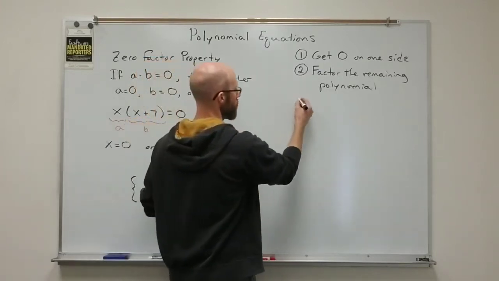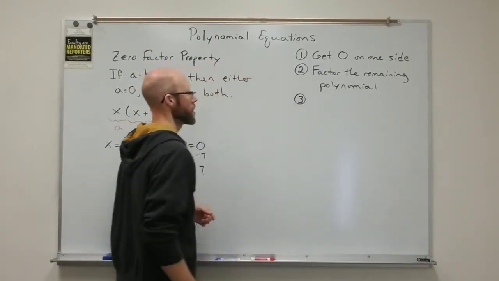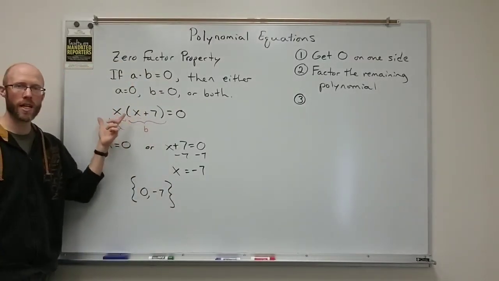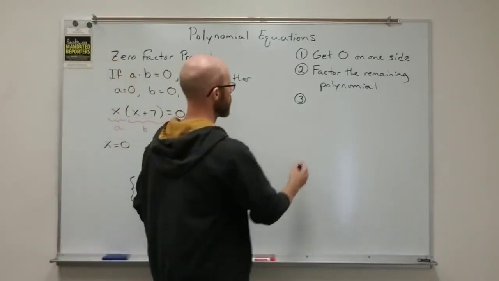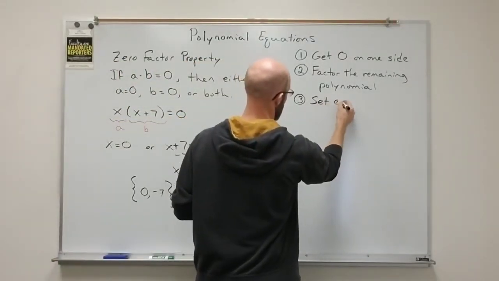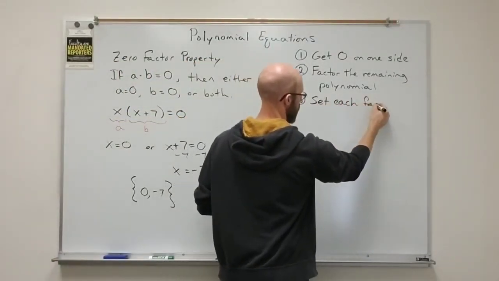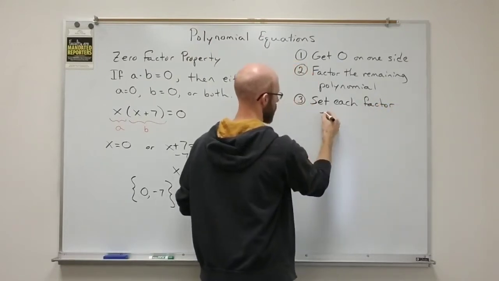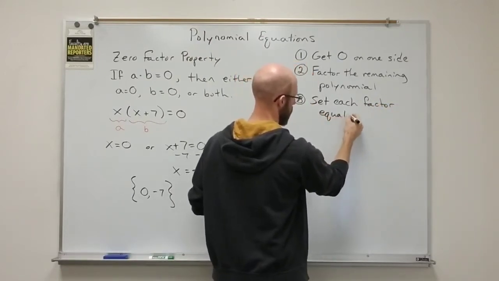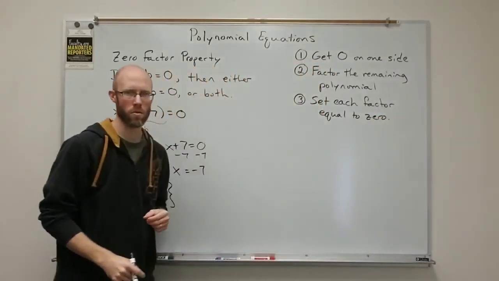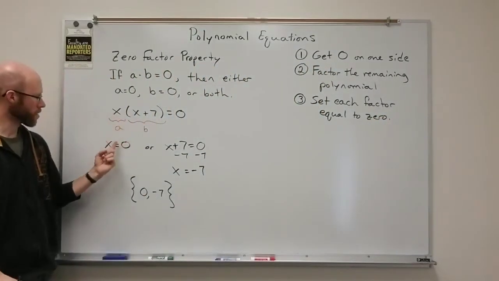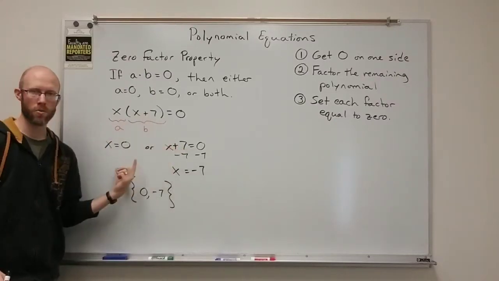So once you have it factored, then step 3 is to set each factor equal to 0. Okay, set each factor equal to 0. That's what we did here when I took the first one and the second one, set them each equal to 0.